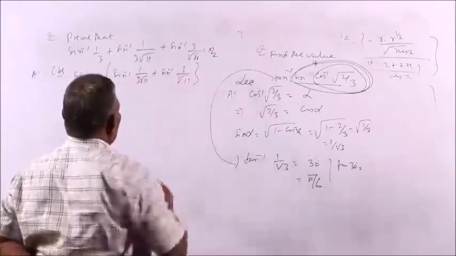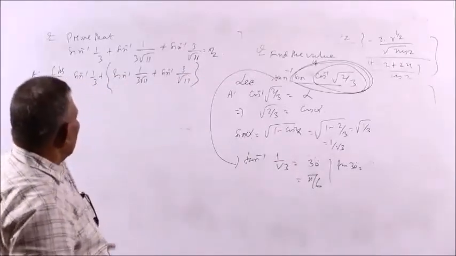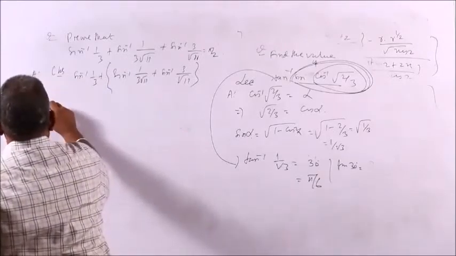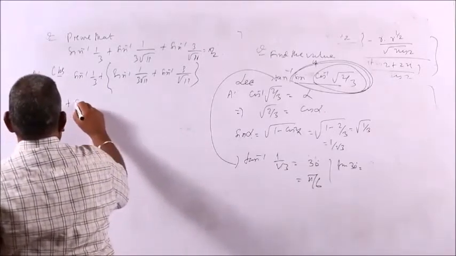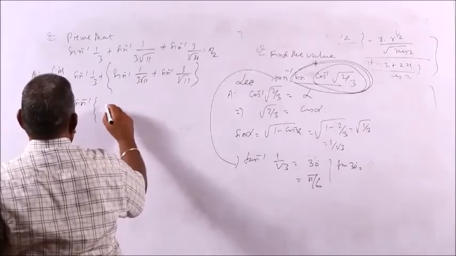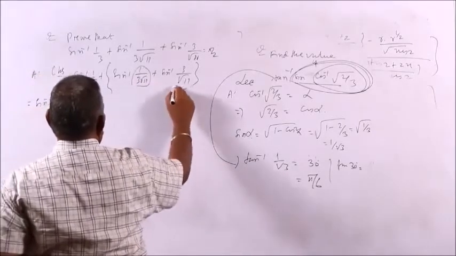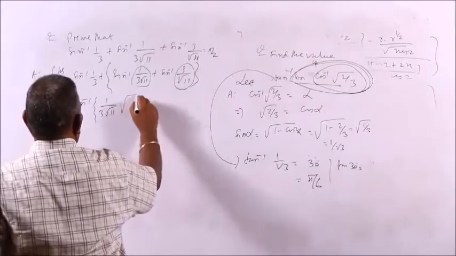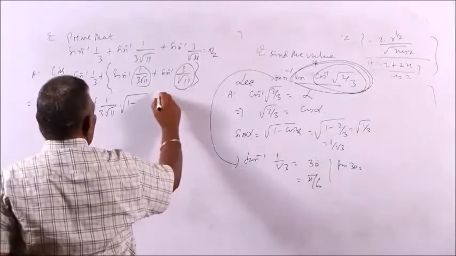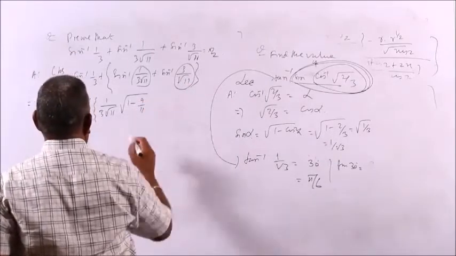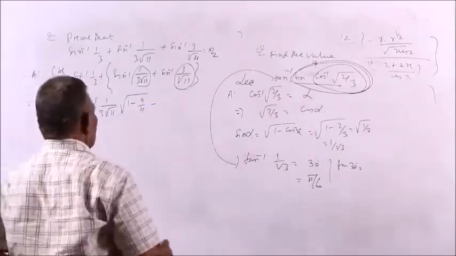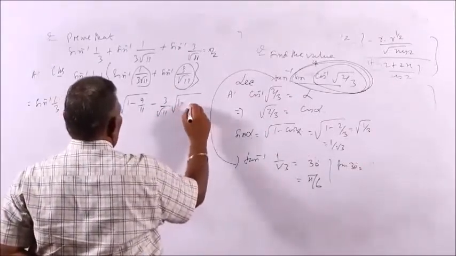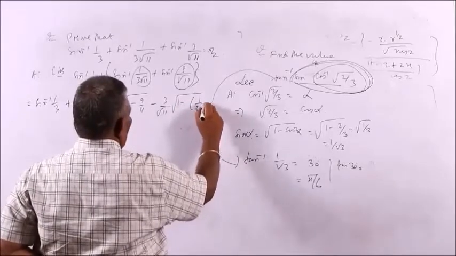Let us make a group of these last two quantities. Now we can apply the formula sin inverse x plus sin inverse y. That is sin inverse 1 by 3 plus sin inverse, in place of x this and in place of y like this, x into root over of 1 minus y square, that is 9 by 11, minus y into root over of 1 minus x square, with 1 minus 1 by (3 root 11) whole square.